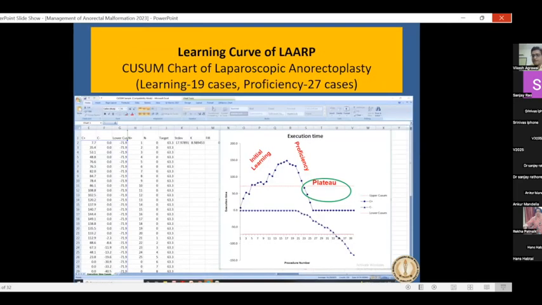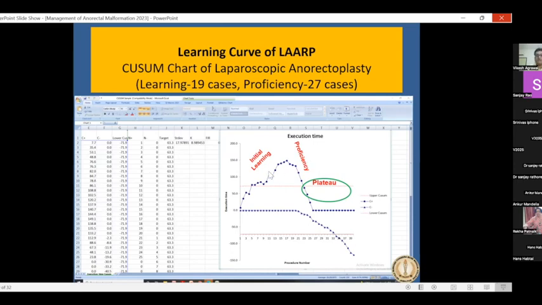One very interesting concept we have been working upon is the learning curve for various surgeries. One very good mathematical way of measuring how many cases you need to learn a particular procedure in laparoscopy is the Q-sum chart. We created this for youngsters' interest, for a very simple procedure. You need about 19 cases to learn the procedure, and proficiency is achieved in 27 cases.